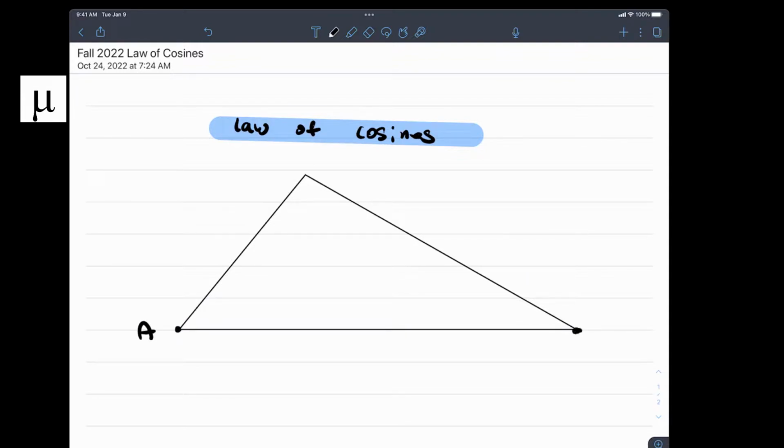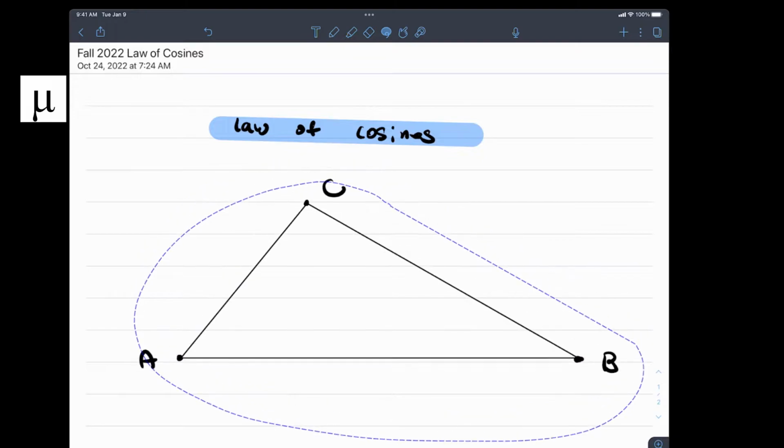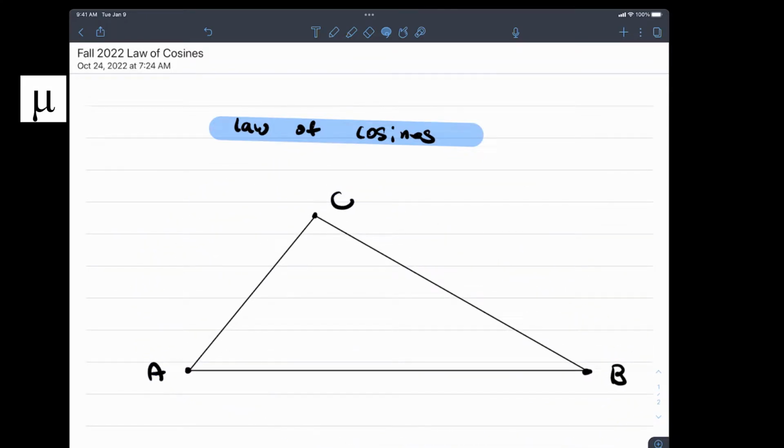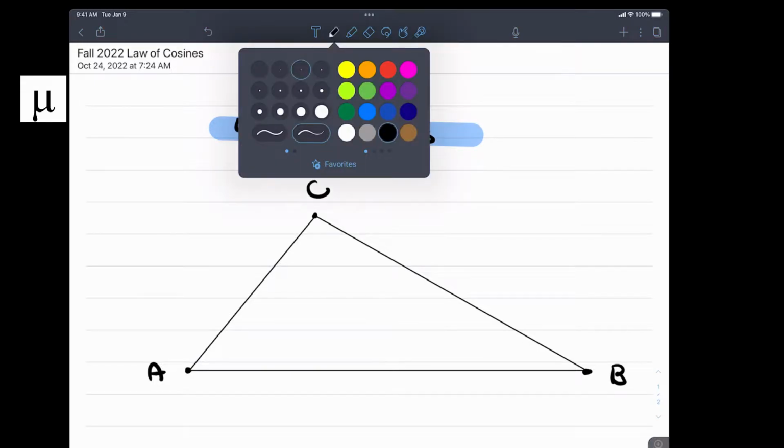A, what's this? B, and C. Okay, well, you're going to use law of cosines in this situation.